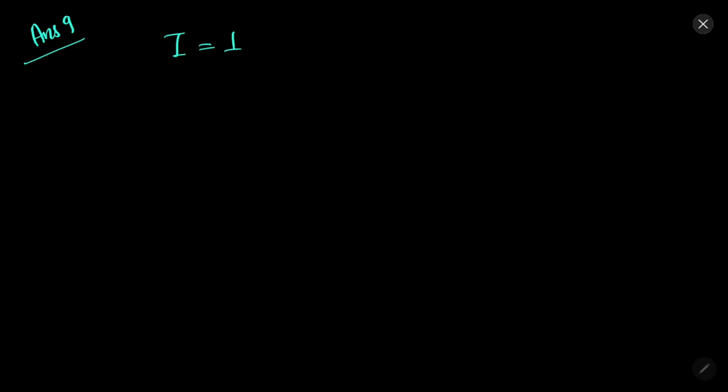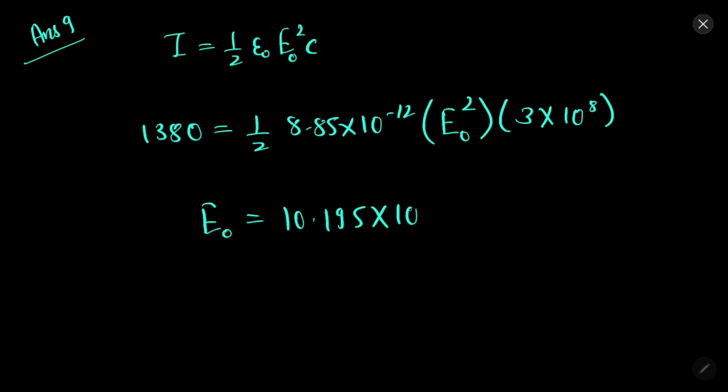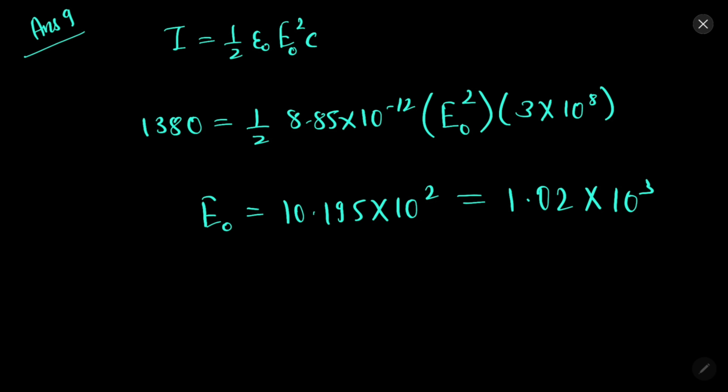Intensity of the wave is half epsilon naught E square C. Now it is 1380, epsilon naught is 8.85 into 10 to the power minus 12, E naught square is to be found out, and C is 3 into 10 to the power 8 meters per second. So E naught will be 10.195 into 10 to the power 2. It will be approximately 1.02 into 10 to the power 3.